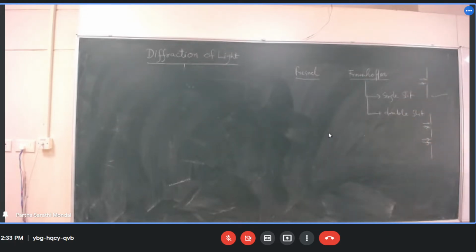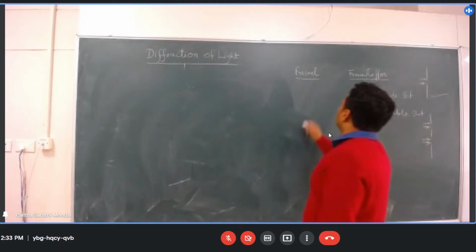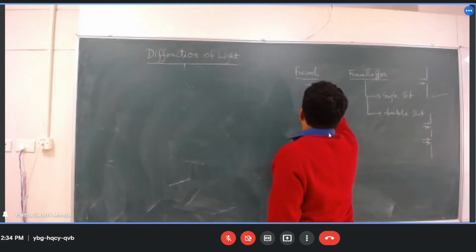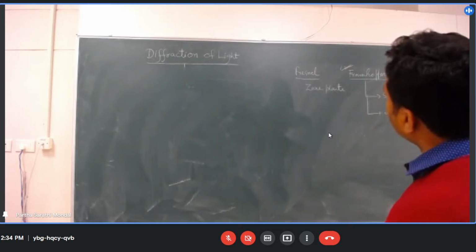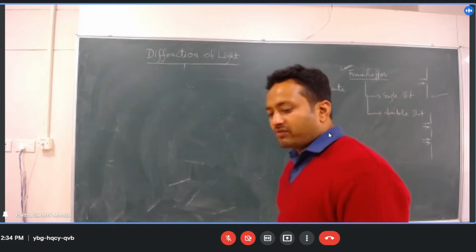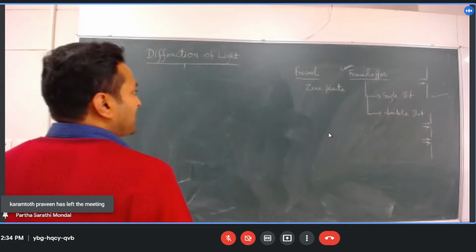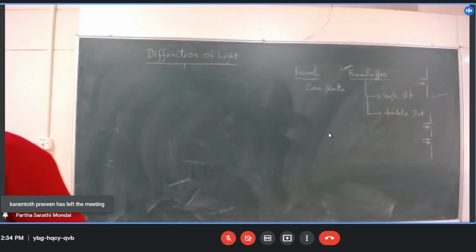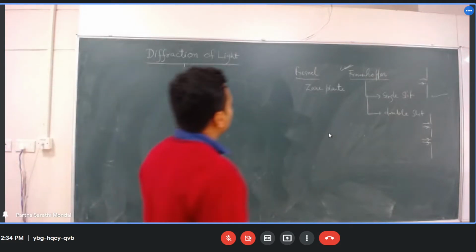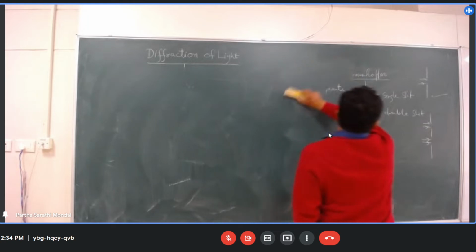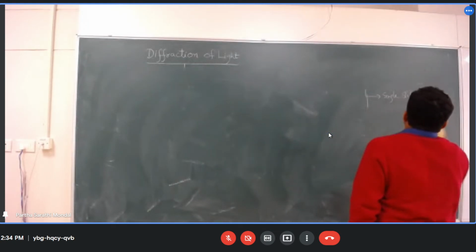And in Fresnel we have the zone plate in your syllabus. So first I will teach Fraunhofer diffraction, single slit, double slit, and then we will go for zone plate diffraction, which comes under the Fresnel class of diffraction. Okay, so let's start with the single slit diffraction pattern.